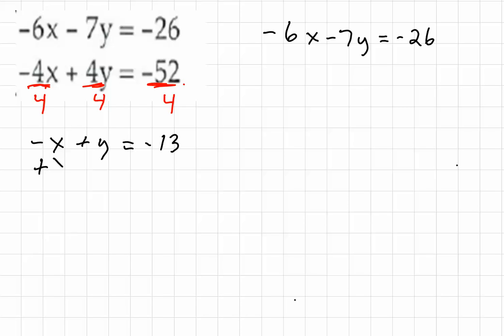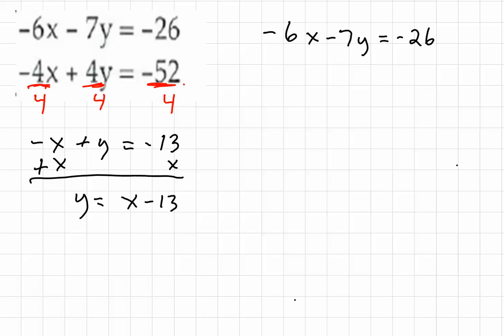So I'm going to move the x to the other side. So y equals x minus 13. Recognize that these two are not common, so we can't combine them to make it minus 12.